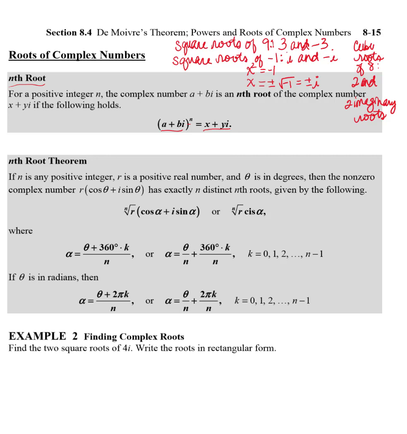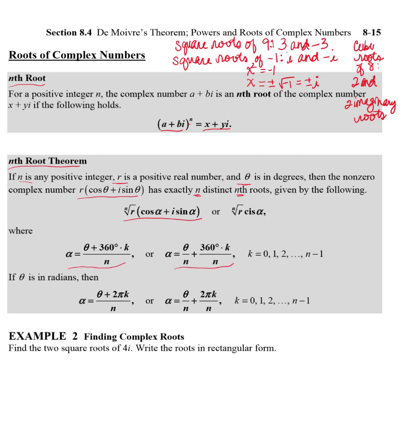The nth root theorem says that if n is any positive integer, r is a positive real number, and theta is in degrees, then the non-zero complex number has exactly n distinct nth roots. And what it would look like, each of the roots would look something like this, where alpha, see that's the new angle, is either equal to this or this.